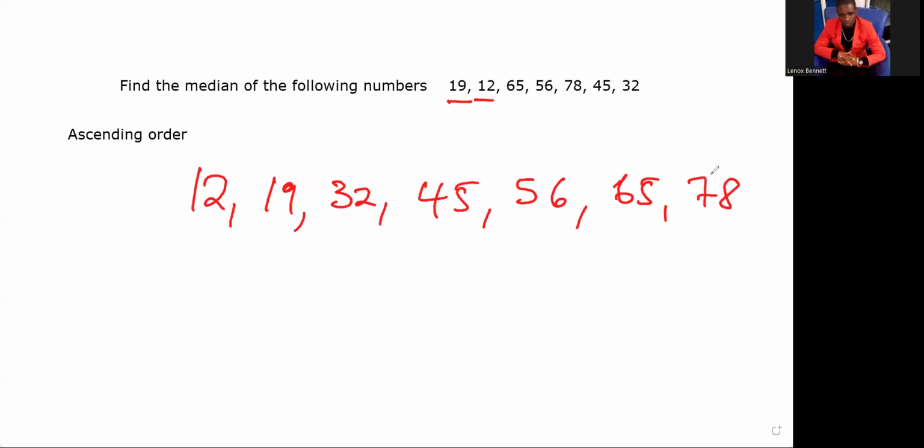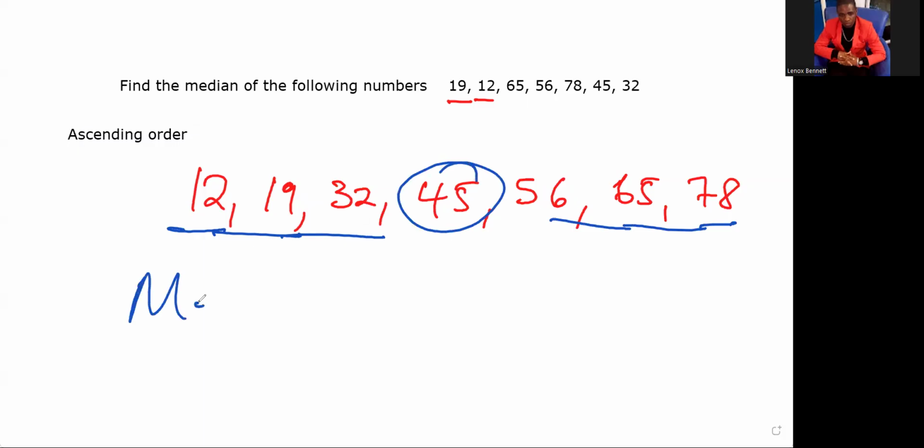So arrange it from the smallest to the largest, and then I'm going to do the little magic thing where we say one this side, one this side, one this side, one this side, one this side, one this side. So the median is equal to 45.